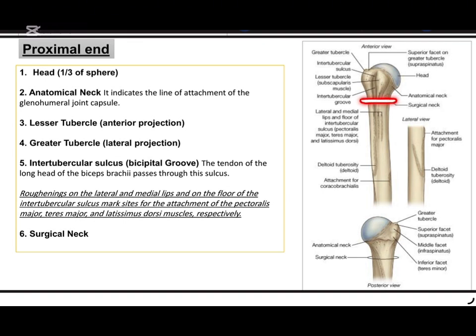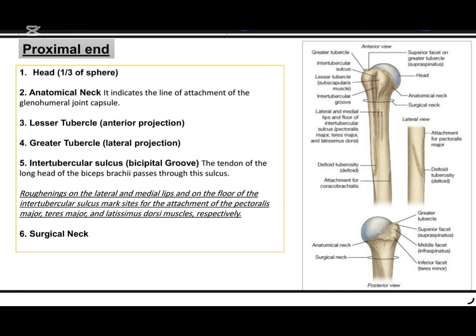So I have the head. Below the head directly, I have the anatomical neck. And the most constricted area proximally, I call the surgical neck. Why do you think I call this area the surgical neck?